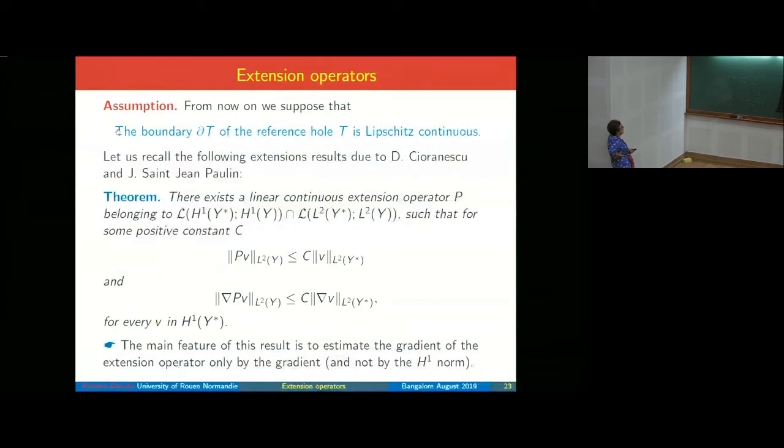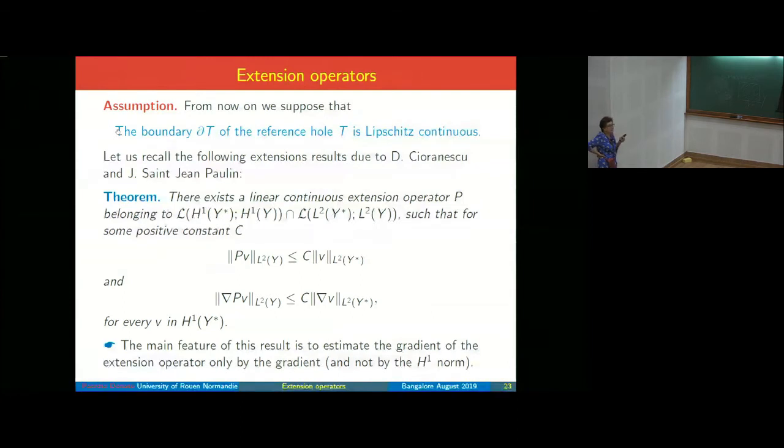One can find an extension operator, continuous from H1 of Y star to H1 of Y, and continuous from L2 of Y star to L2 of Y, such that the norm of the extension in L2 is smaller or equal than a constant times the norm of v in L2 of omega star. And the gradient of the extension in L2 is lower or equal than a constant times the gradient of v in L2 of Y star. Okay.